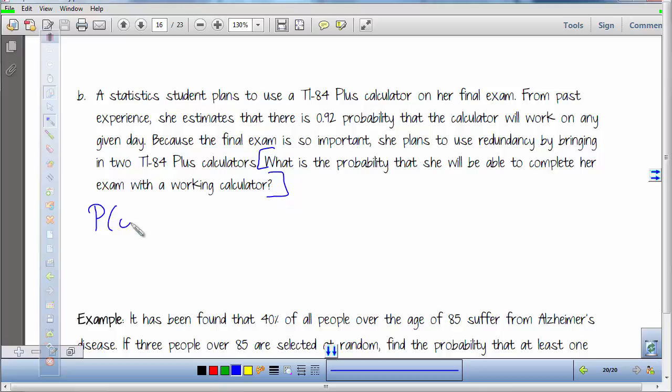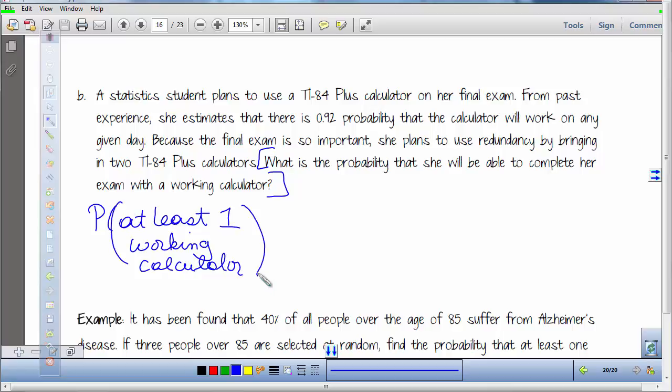So I'm going to write probability of at least one working calculator. Okay, and so now that we're talking about the probability of at least one, the way that I handle that is 1 minus the probability of 0 working calculators.